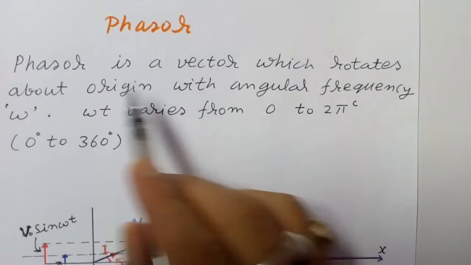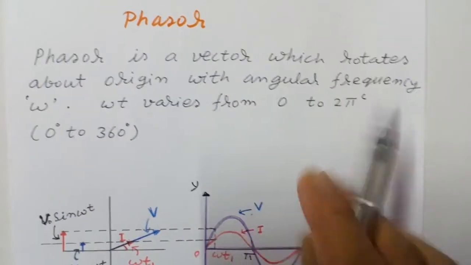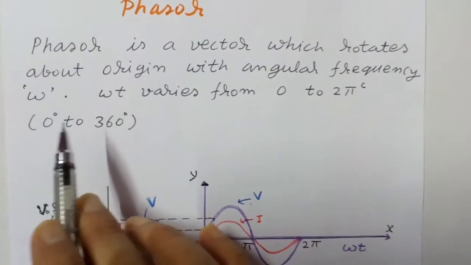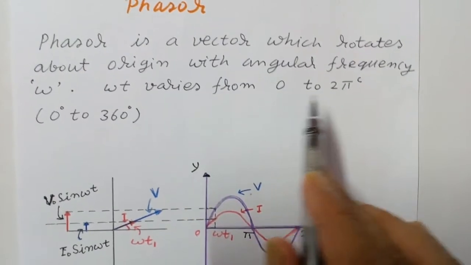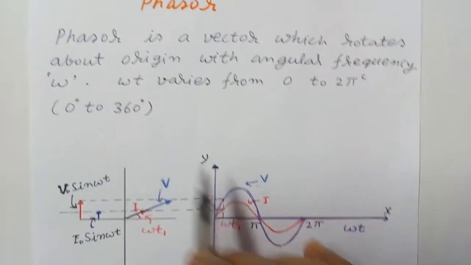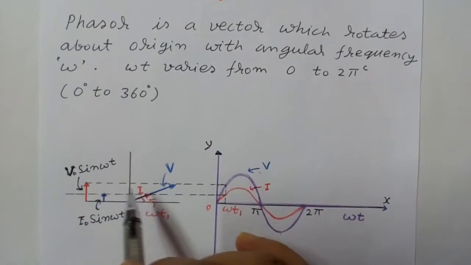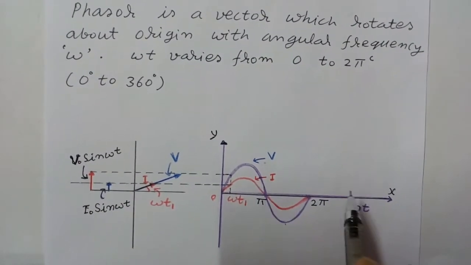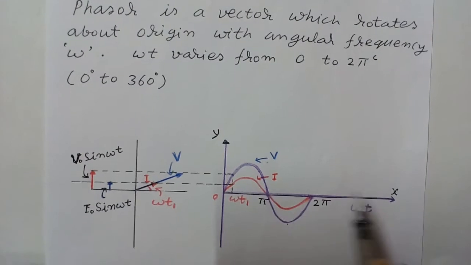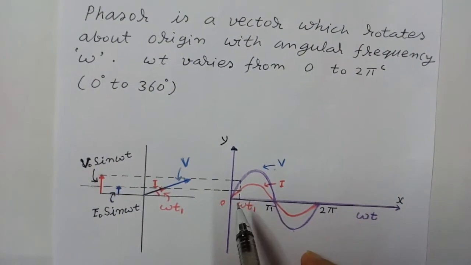So a phasor is a vector which rotates about the origin with angular frequency omega. Now omega t means the angle varies from 0 degrees to 2 pi radians for one complete rotation. So this is the graph between V and omega t and I and omega t, and at different angles.